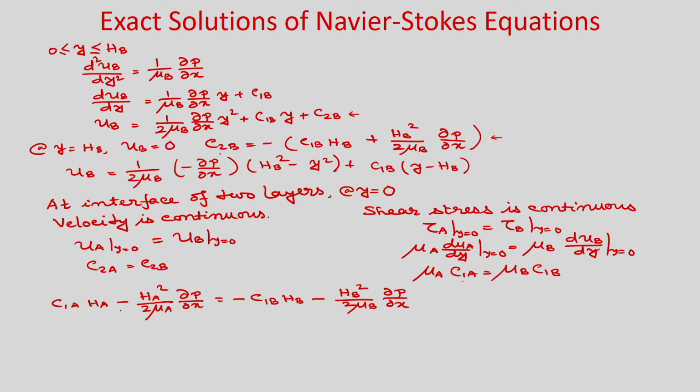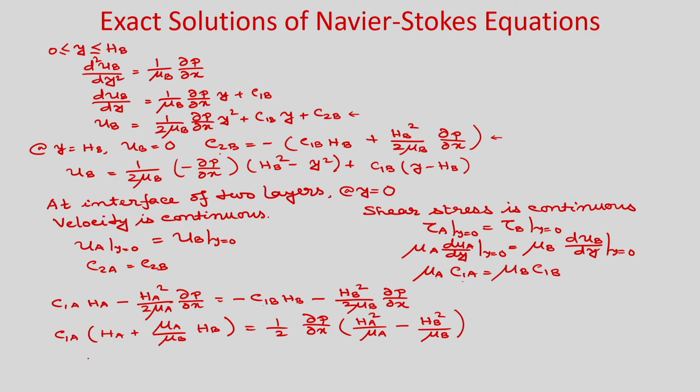So, we are taking this in the left hand side and putting the value of C 1 b in terms of C 1 a, you can write C 1 a into h a plus mu a by mu b h b is equal to half del p by del x. So, this term we are taking in the right hand side and after rearranging you will get this h a square by mu a minus h b square by mu b.